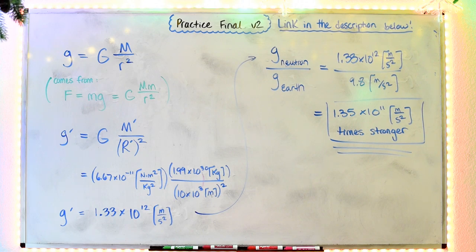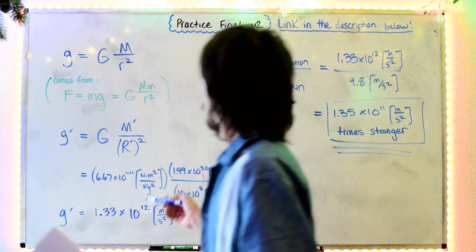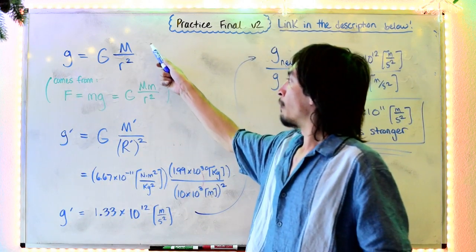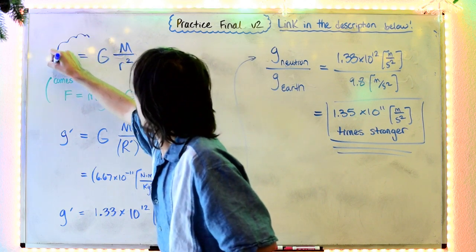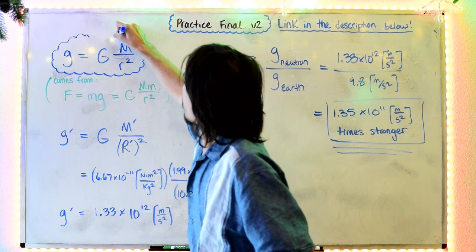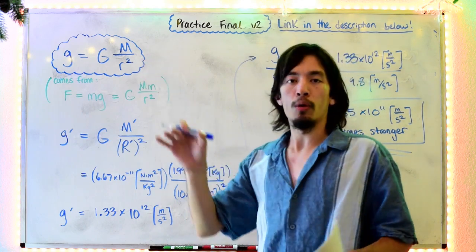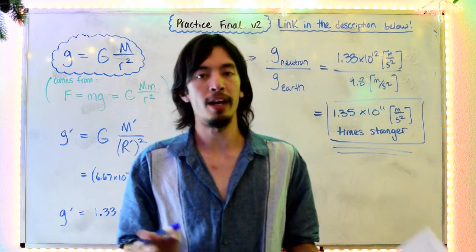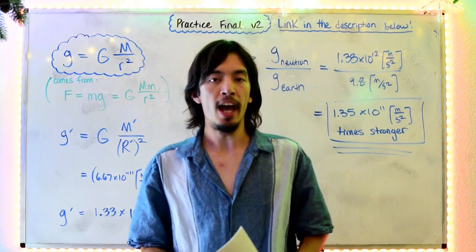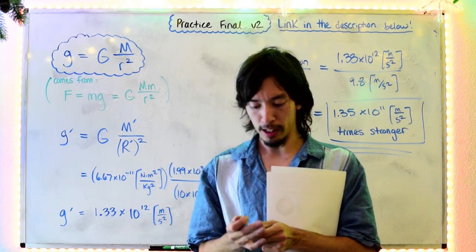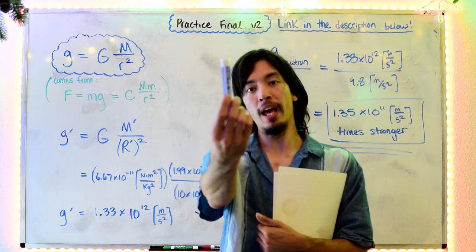So, question: what is big M? Big M is the mass that you want to use to compute the gravitational acceleration of that mass. Now, you could have multiple masses in a problem. Like, I could have the Earth, and I could have literally just this pen that I'm holding.